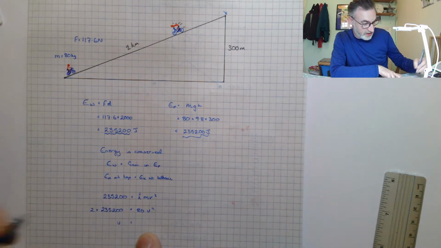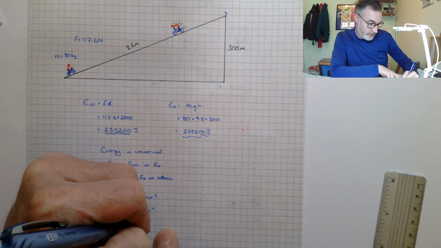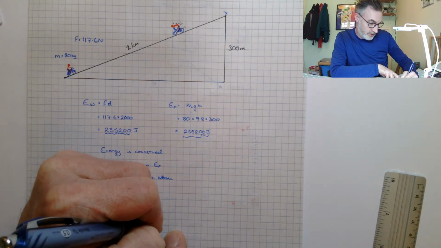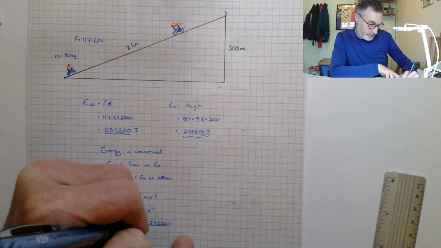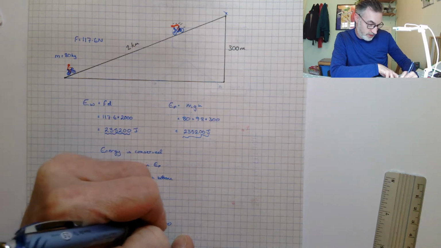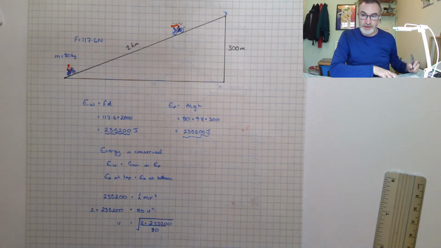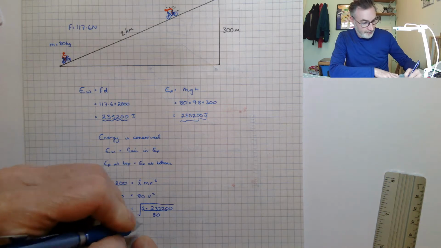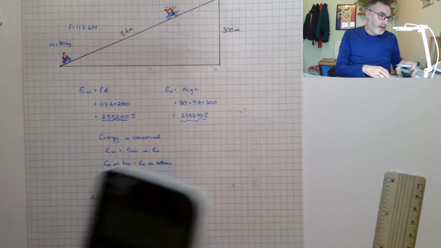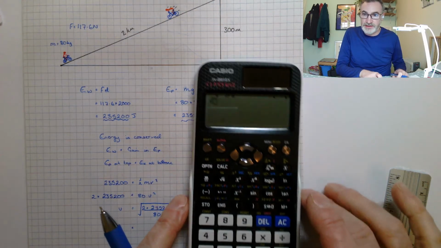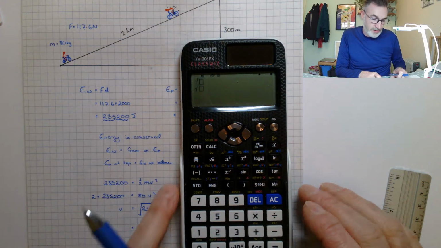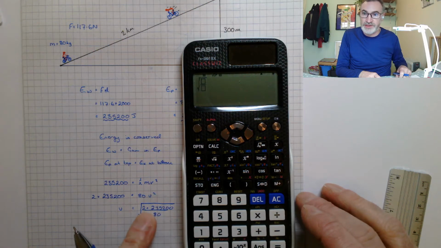Finally, I'll have v is equal to the square root of 2 times 235,200 over 80. Again, just do this so that you can put it in your calculator as you would see it in the calculation.